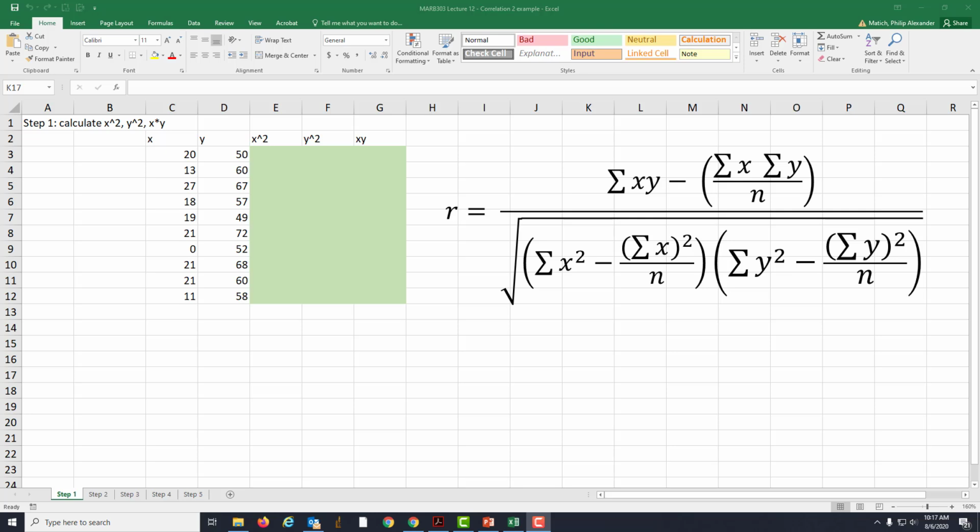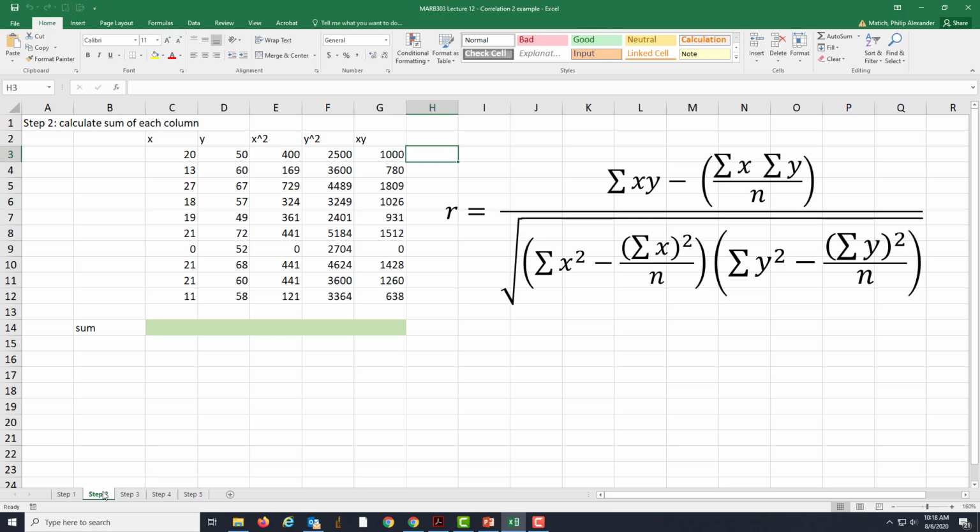So in order to do so, we need to make sure that we have all the appropriate calculations in place before we start putting things into the formula. The first thing that we notice here is that we have some x's, we have some y's, and then we also have some x squareds, some y squareds, and then some xy's. So the first step will be to calculate the x squareds, the y squareds, and the xy's.